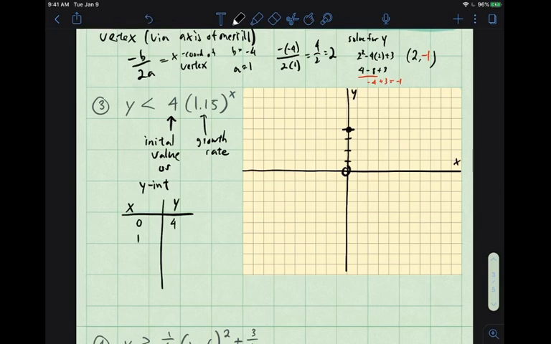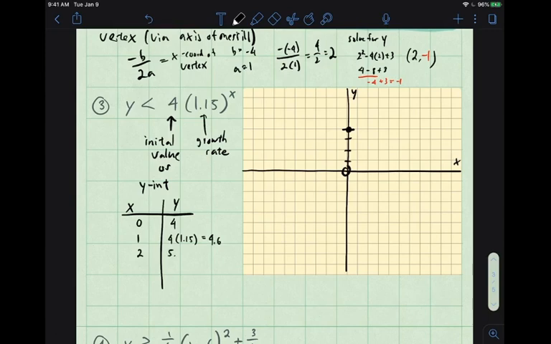Let's try positive 1. 4 times 1.15. We think about 15% of 4, still a decimal. 1.15 times 4, we get 4.6. We can test out 2. 1.15 times 1.15 times 4.